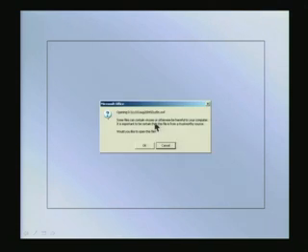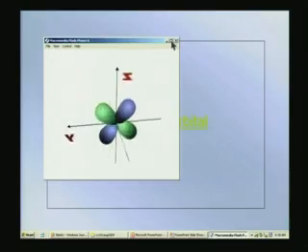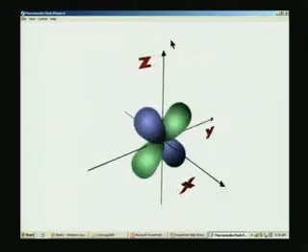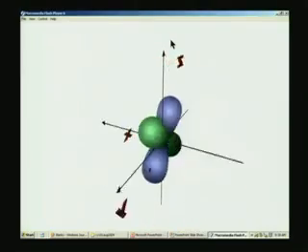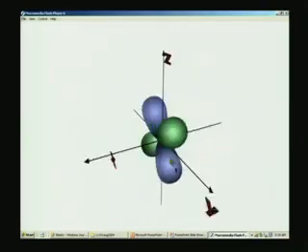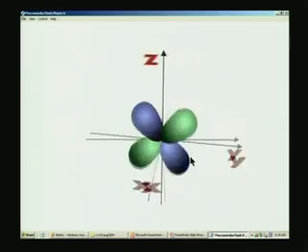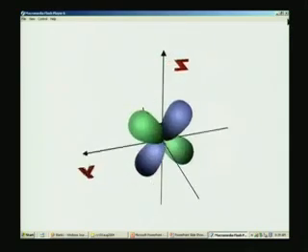the dyz. You shouldn't expect anything stranger. You should expect that it is pointing now along the yz plane but along the diagonals of the yz plane. As you see here, dyz is pointing the two lobes here and the other two lobes, the green lobes, they are both pointing along the diagonals.